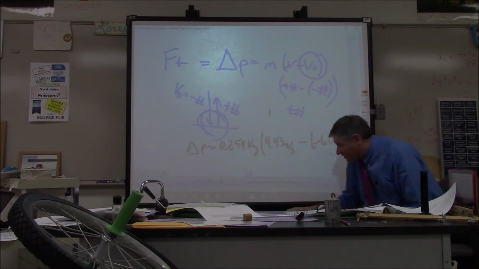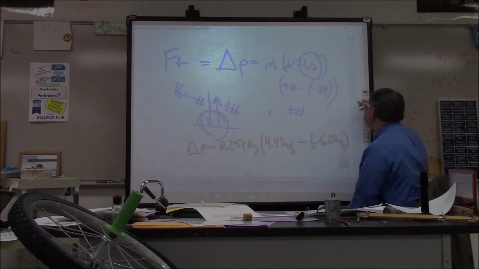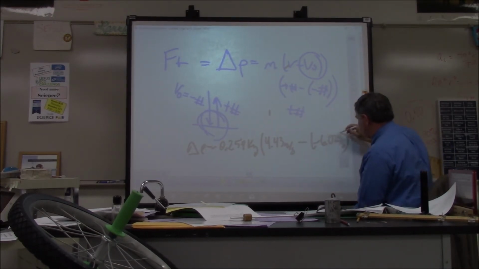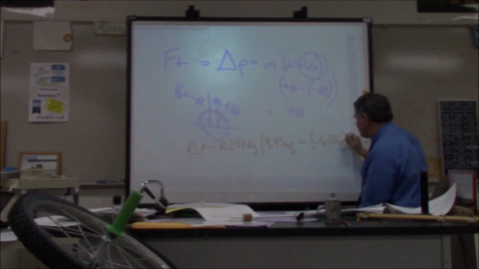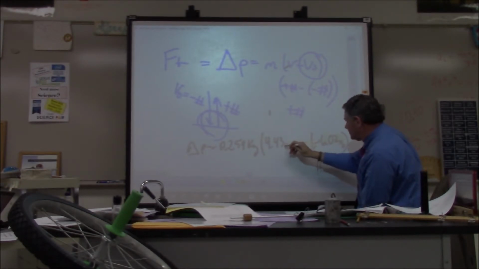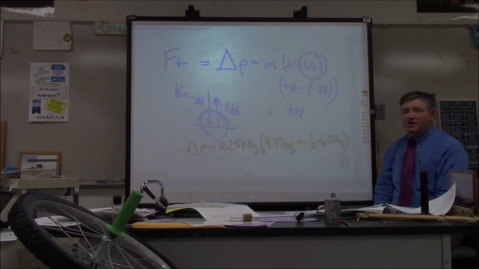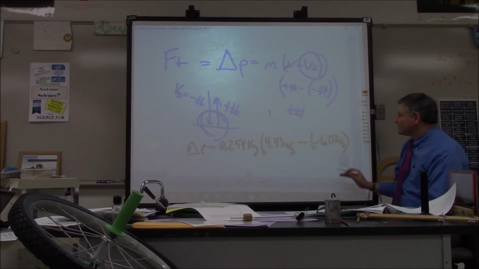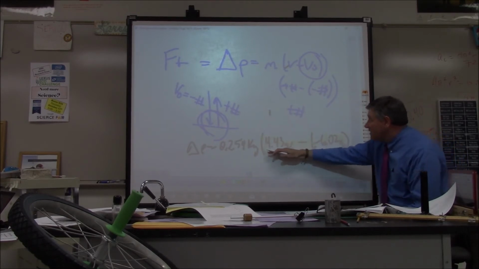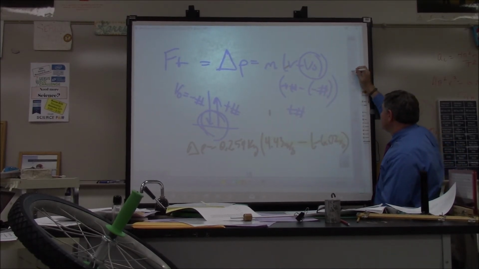And again, if there is something that you tend to screw up, it's going to be this. So make sure that you highlight that whole thing, that you remember that that's going to be minus a negative. Okay?